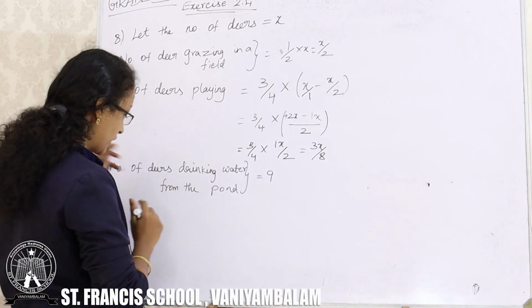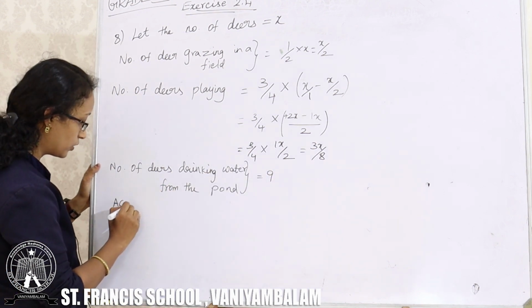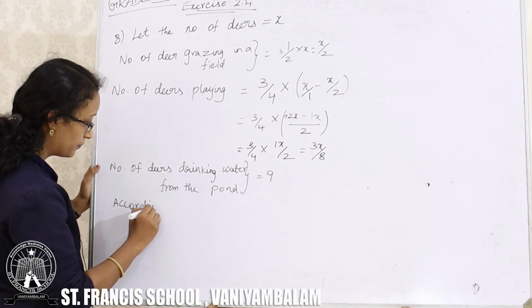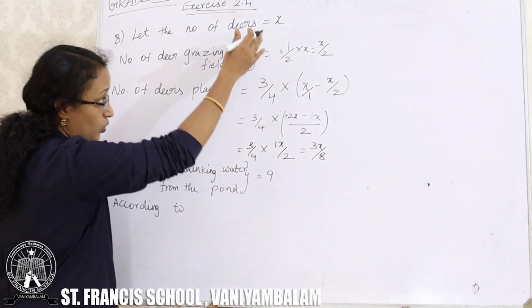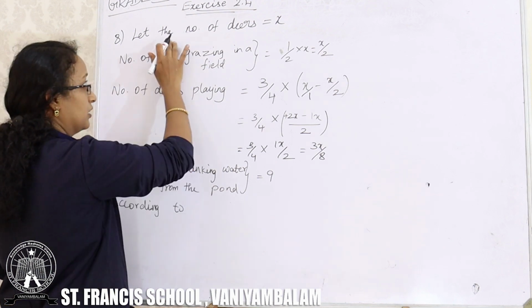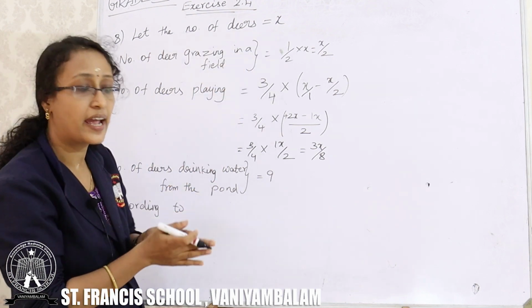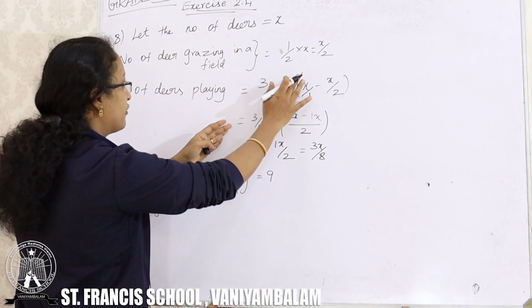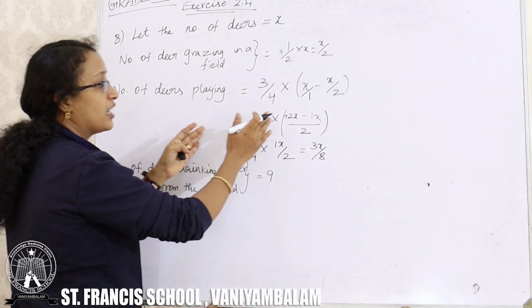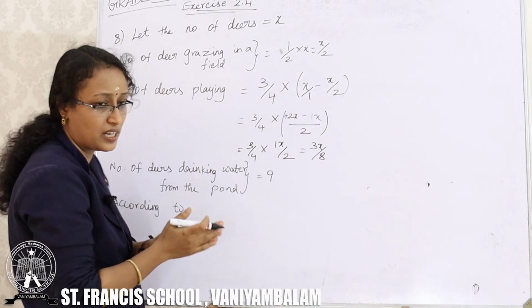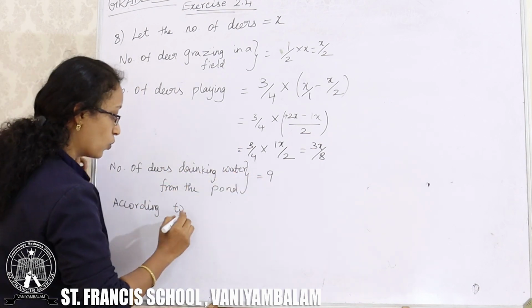According to the question, x is the total number of deer. We don't know the number of deer, so x, and half is grazing in the field, 3/4 of the remaining is playing, and the rest 9 are drinking water.